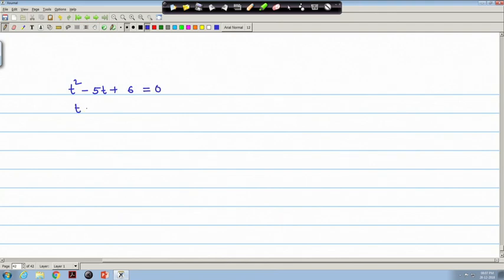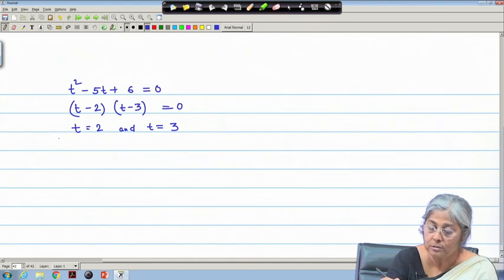So, I get (t minus 2) into (t minus 3) equal to 0. I get t equal to 2 or t equal to 3. I get two solutions, t equal to 2 and t equal to 3. So, we have two solutions here.